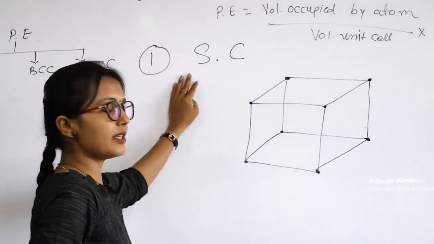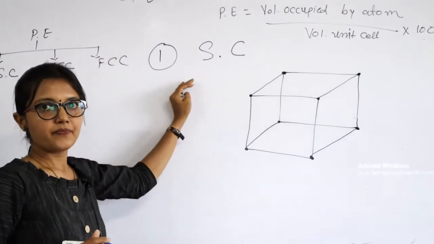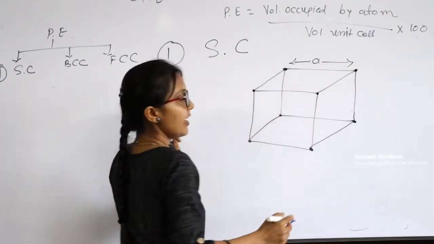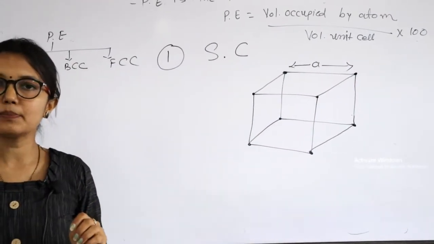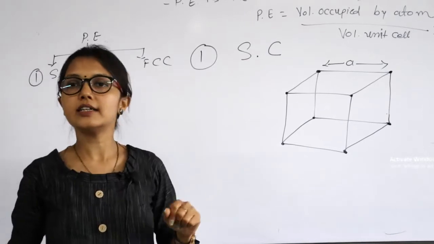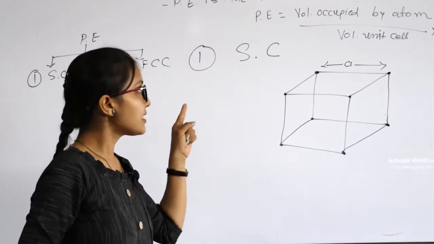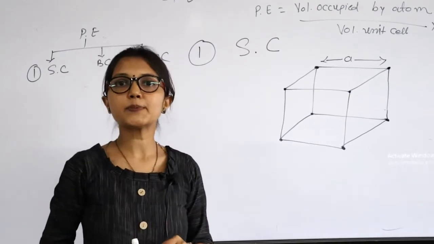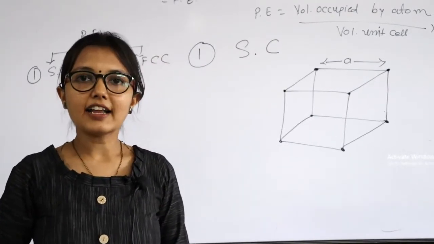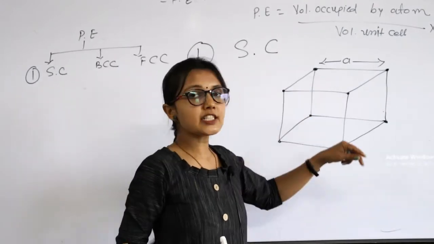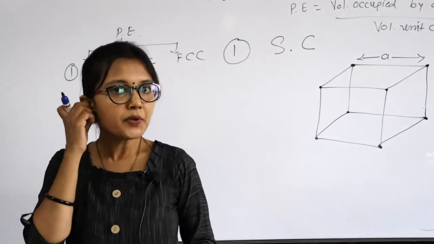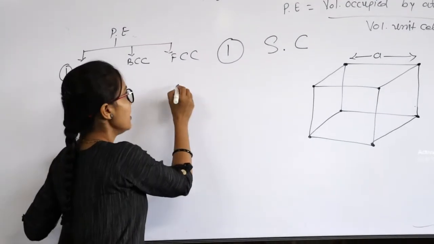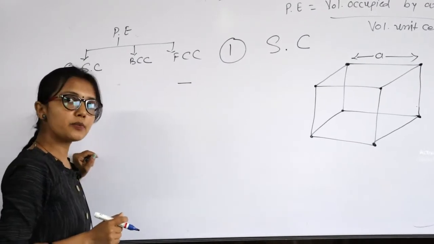In a simple cubic lattice, this indicates the edge length, the distance from one atom to another atom. That's why this is denoted by small a. And between them the radius is present, radius r is indicated. So when we study this, I will also write here the first step for the simple cubic lattice.